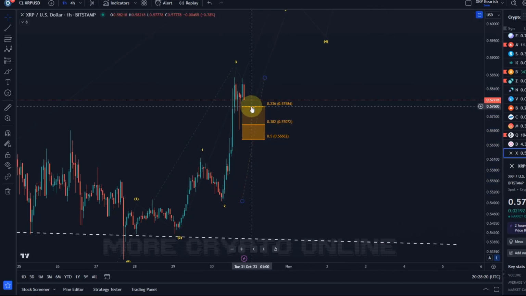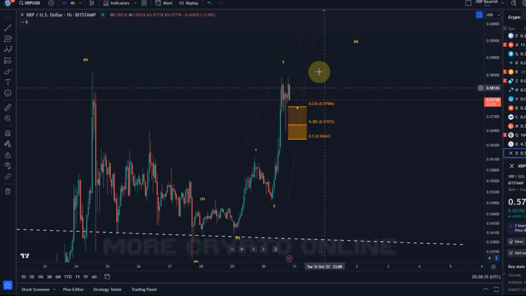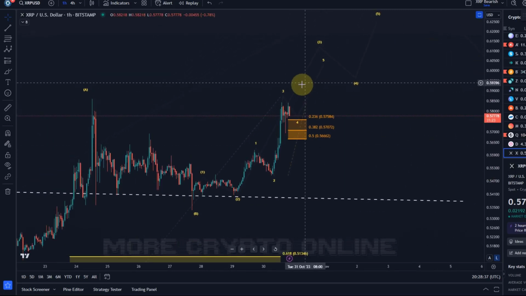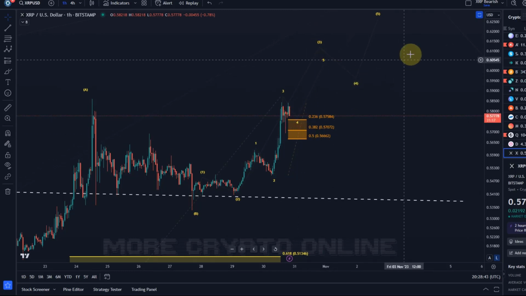It's just structural support, Fibonacci support. So if the price breaks below the 50% Fib level, it would indicate that something doesn't really go according to plan, because as per this wave count, ideally, the price would continue higher before breaking below 56.6 cents. Push higher in a fifth wave of 3, you know.